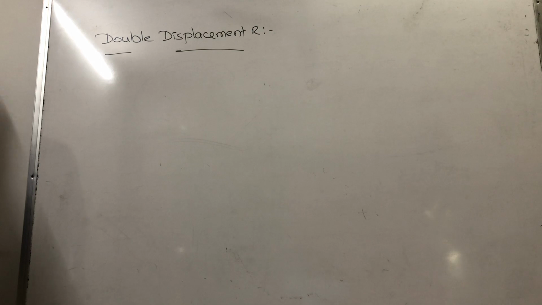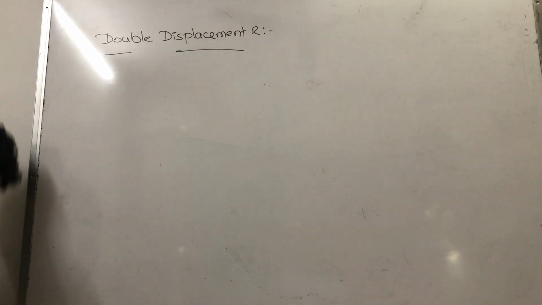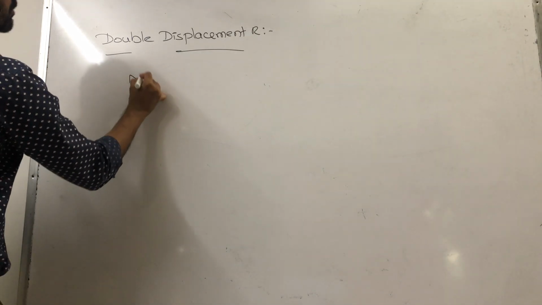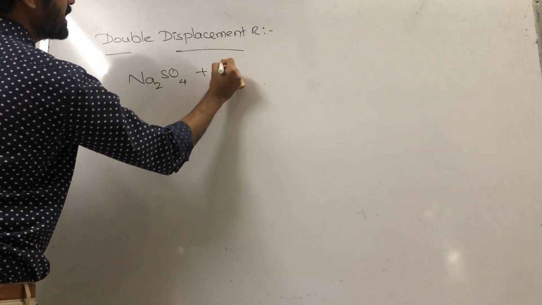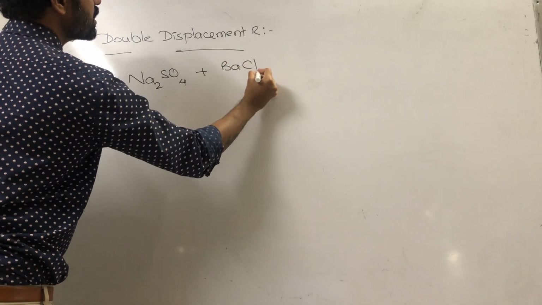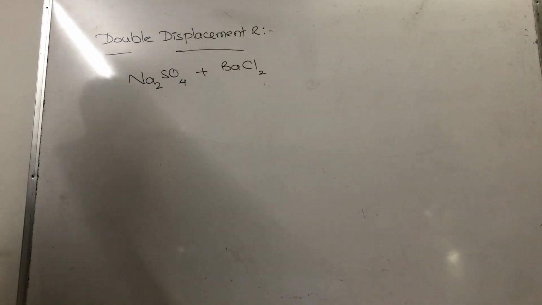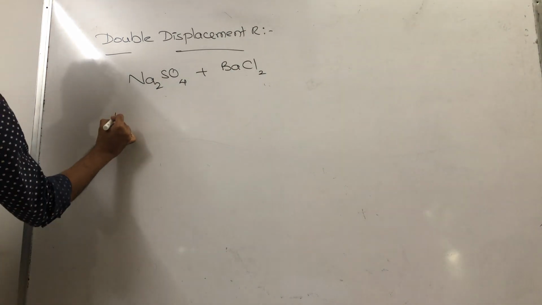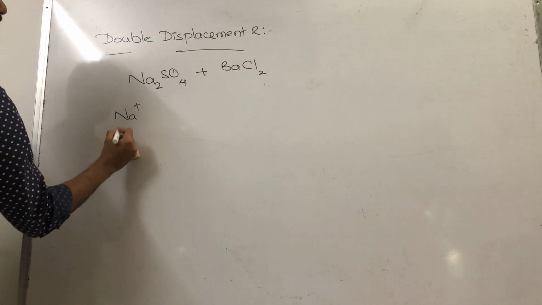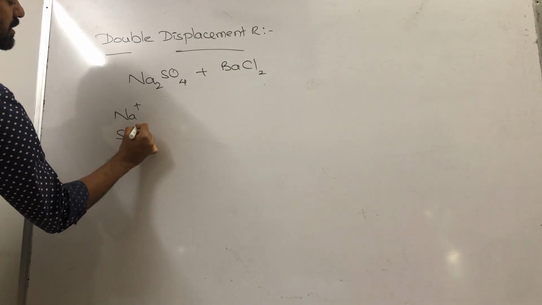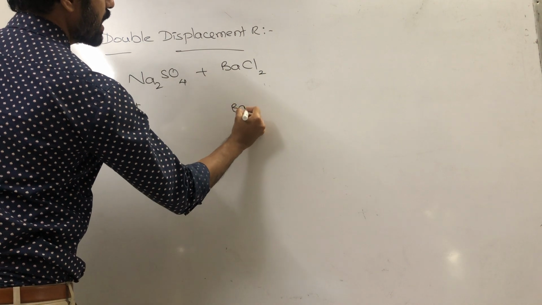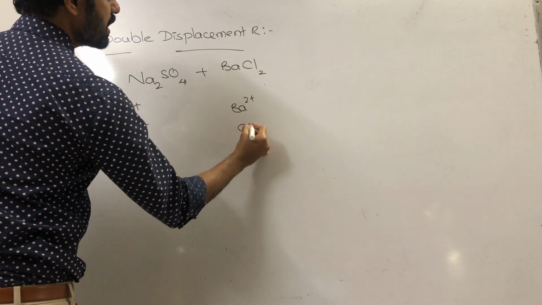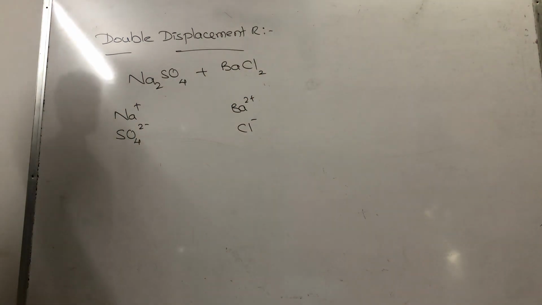Take two compounds, one sodium sulfate in one solution in one test tube, and in the second test tube take barium chloride. So we know sodium sulfate is formed by sodium ion and sulfate ion, and barium chloride is formed by barium ion and chloride ion.